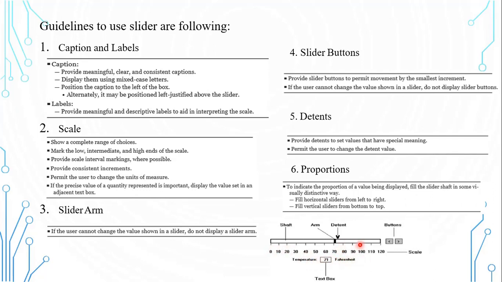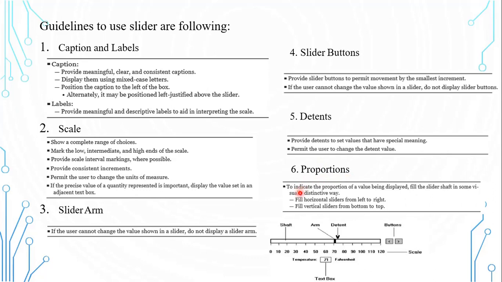You can show 100 as a detent value, which is having a special value. 100 degree, or you can say our room temperature, that has got a special meaning. So that detent is being set on the slider bar. What you have to do is permit the user to change the detent values based on his needs. He can change detent values.